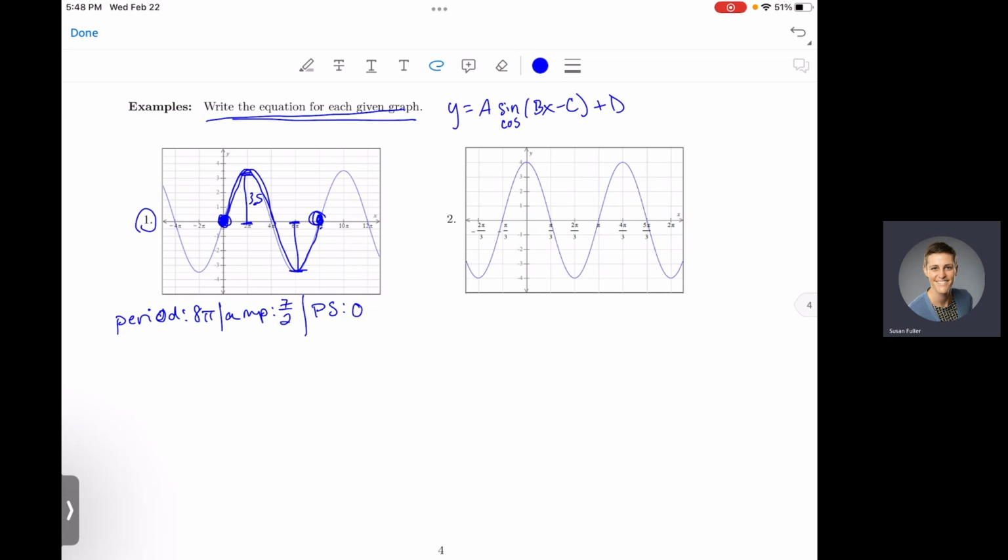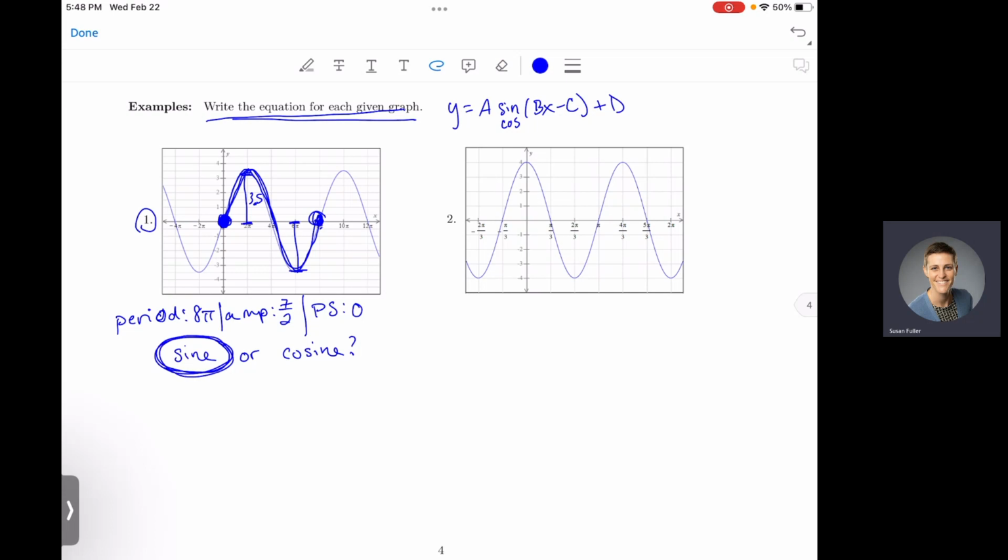And the last thing that I want to identify is, is this a sine graph or is this a cosine graph? Which function does this fit the pattern of? Well, at 0, this starts at 0, and then it goes up, and then it comes back to the baseline, and then it goes down to the bottom, and then it comes back to the baseline. So this pattern matches the pattern of sine.